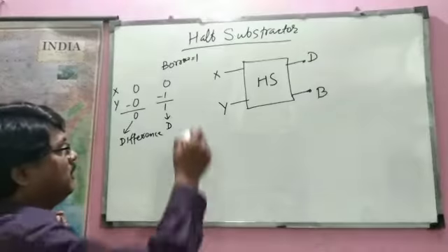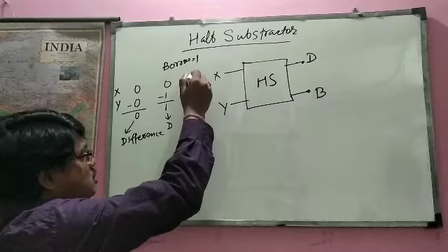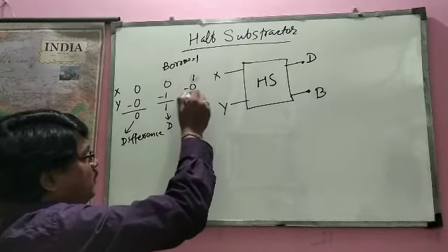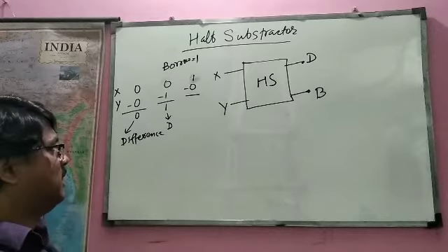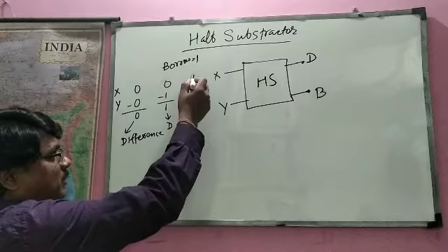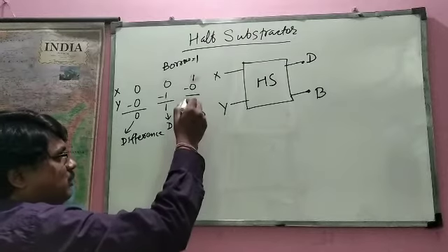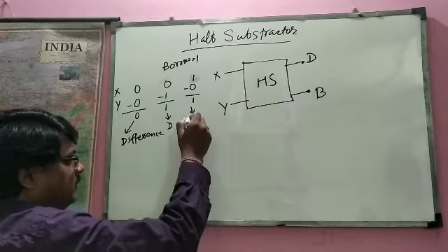Again, what is the possibility? We can subtract 0 from 1. If we subtract 0 from 1, there will be no problem, it will be 1, so the difference is 1.